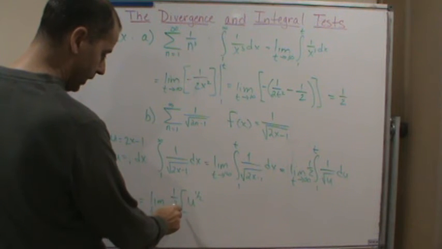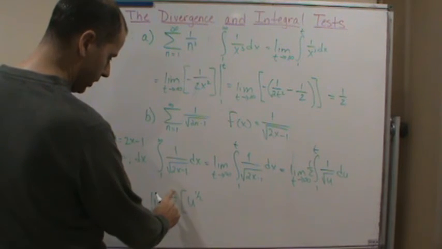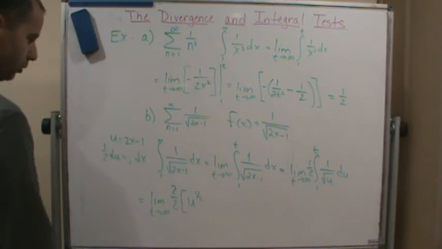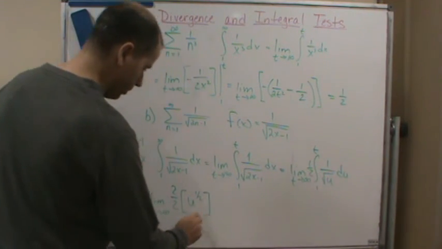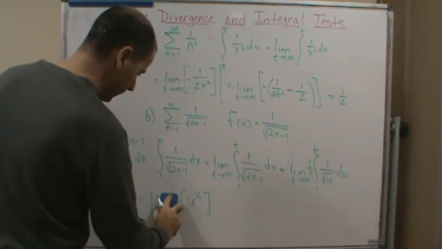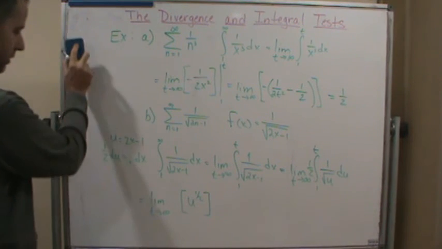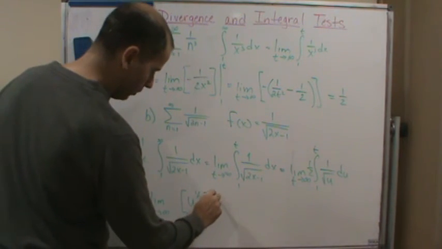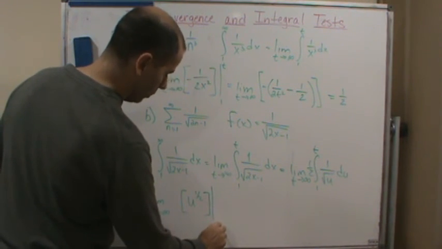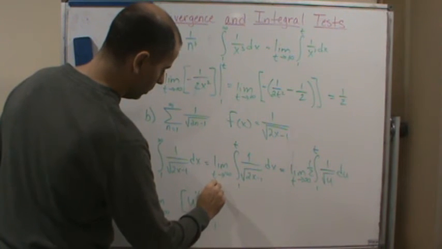And so that's going to become times 2. So this is going to end up being 2 over 2. Right? So this is going to end up being just the square root of u from 1 to t.